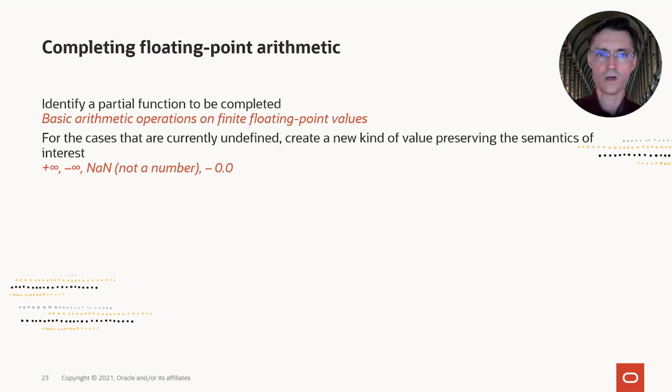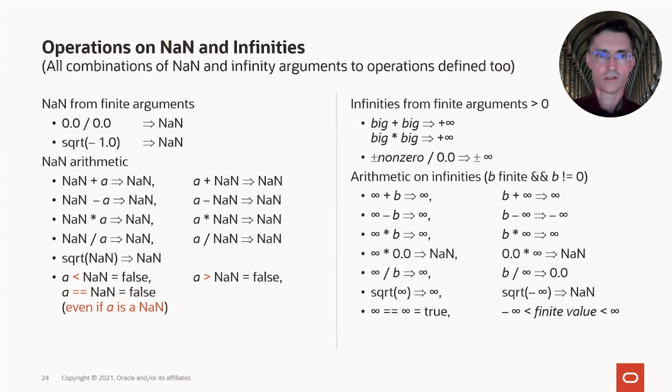Now we'll get back to completing floating point arithmetic to fill in cases where some of those values aren't defined. This is analogous to what's seen in the mathematical systems throughout our educations. For floating point, the additional values we're going to add are positive infinity, negative infinity, NaN, not a number, and -0. So just briefly, infinities act more or less how you would expect.